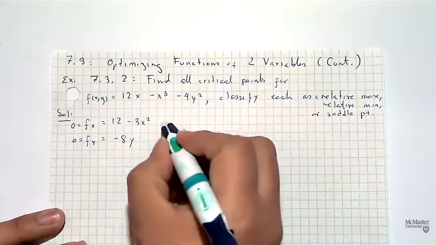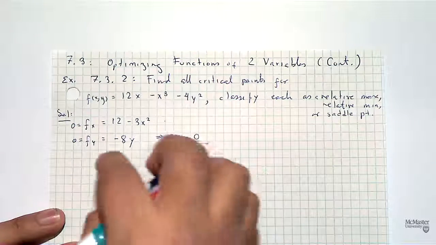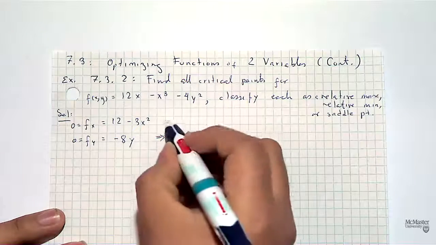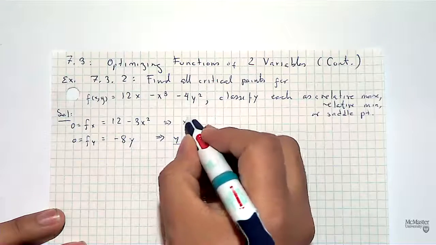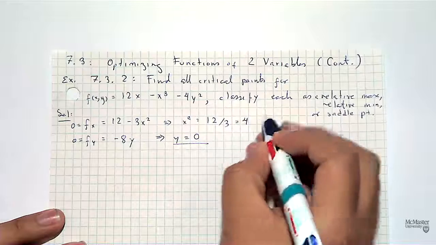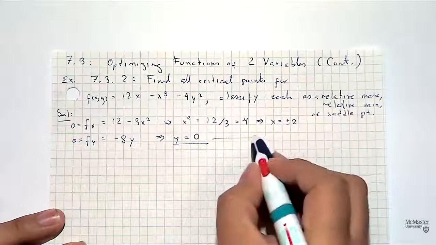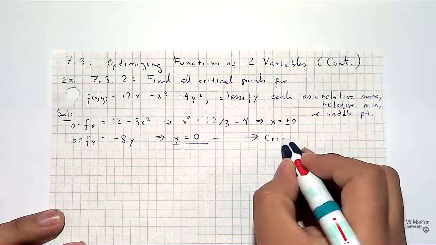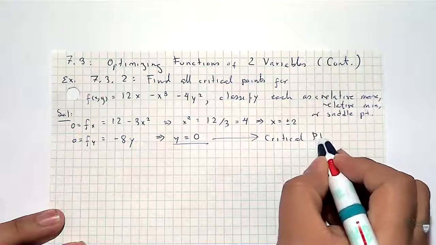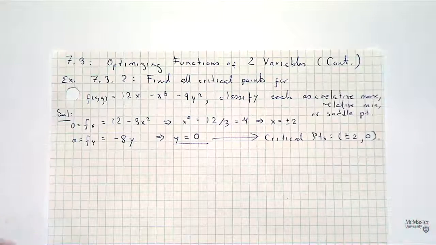So that means y is equal to 0. And then you have x squared equal to 12 over 3, which is 4. So x is equal to plus or minus 2. That means the critical points are of the form plus or minus 2 comma 0, right?